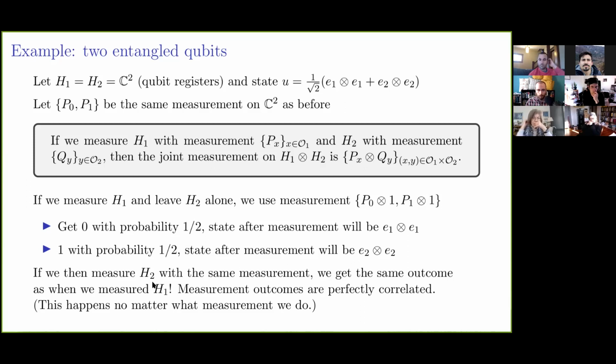So when we measure H2 after measuring H1, we always get the same outcome as when we measure H1. And so this is one of the defining features of entanglement: the measurement outcomes are perfectly correlated between the two systems. So it's something that can happen with a quantum system that seems quite unusual.